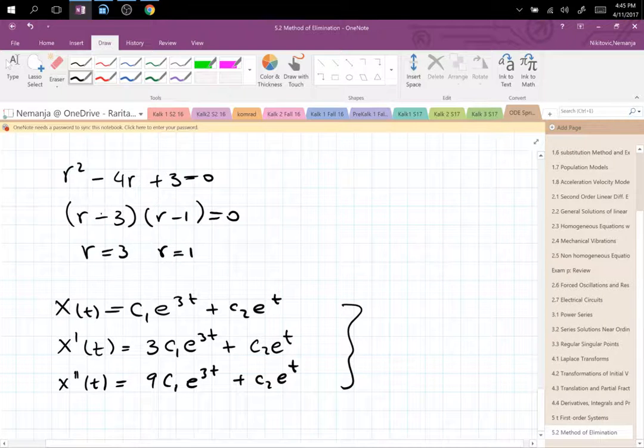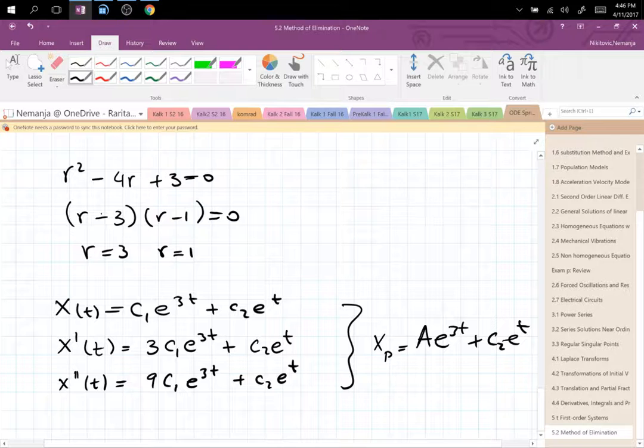So we quickly see that xp is of the form a e to the 3t plus, and we can keep c2 e to the t here because that one doesn't change. See, it's always the same. Are we good with this? No one cares?